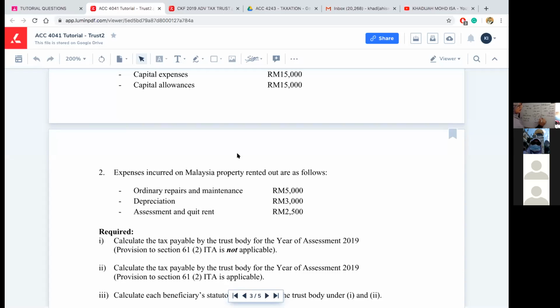Then minus annuity. How much is the annuity? 1,000 per month, so 12,000 per year. So 245,500 minus 12,000, you should get 233,500 as your total income. Do you get the same answer? Yes. Okay, 233,500 is your total income.